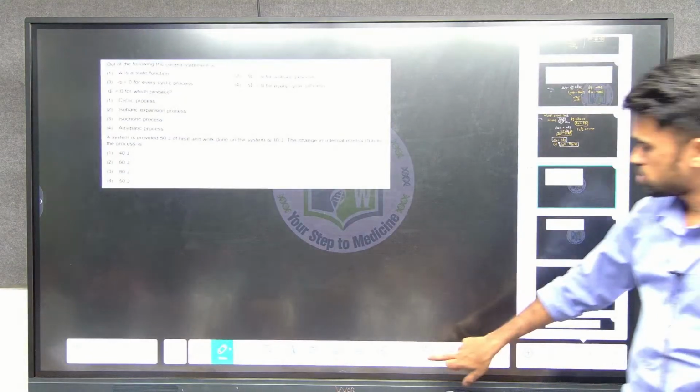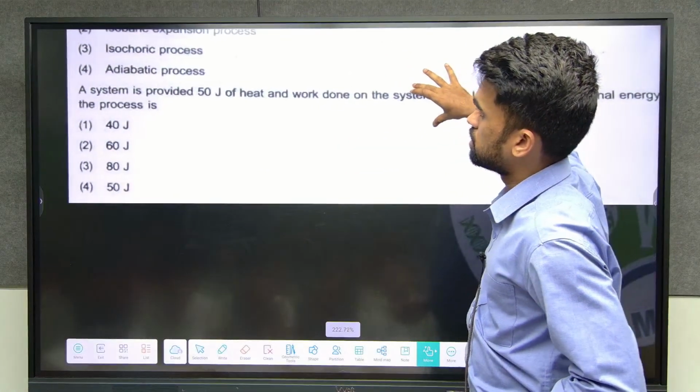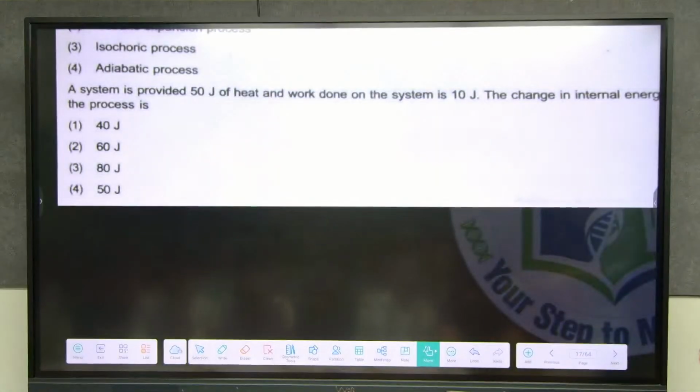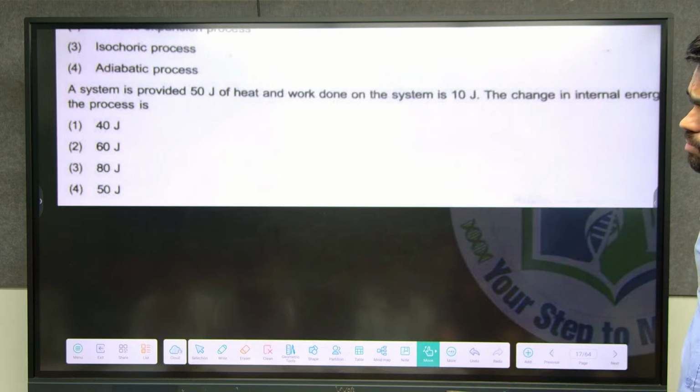Okay. So try to answer this question once, the last question first. Are you able to see from last? If not, I will read. The question says, a system is provided 50 joules of heat and work done on the system is 10.